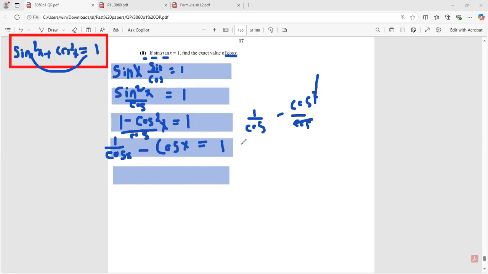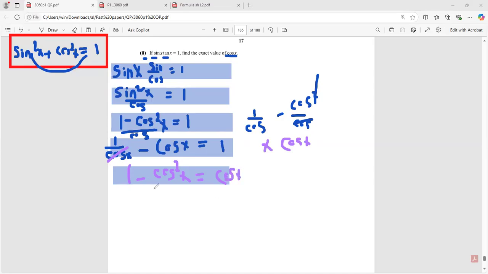I'm going to make it like a quadratic. So I will multiply all by cosine x to get rid of this denominator. So this will be 1 minus cosine squared equals cosine.